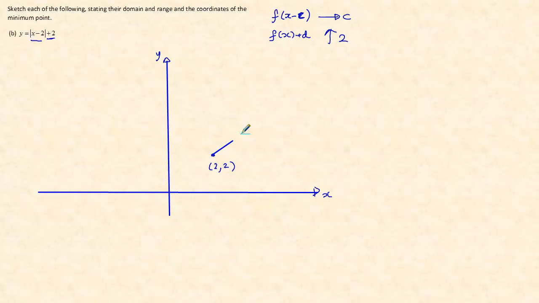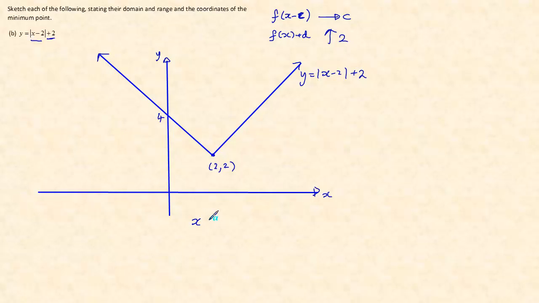Other than that, the shape will be exactly the same as mod x. So it's going to look like so. When x is 0, this would be 2 plus 2, which is 4. So that's our intercept here. So this one is mod x minus 2 plus 2.